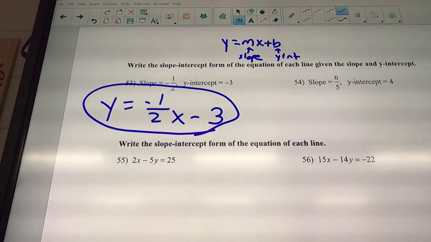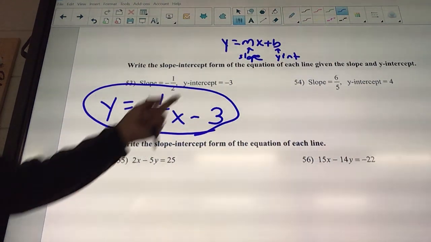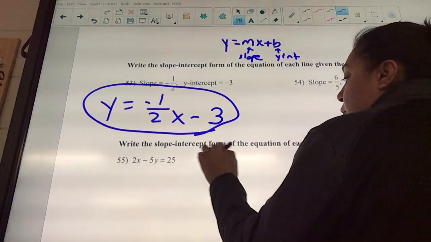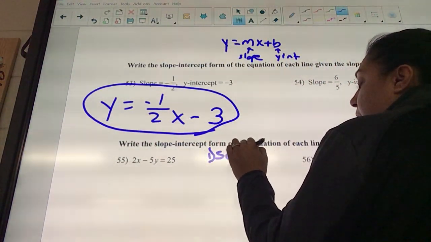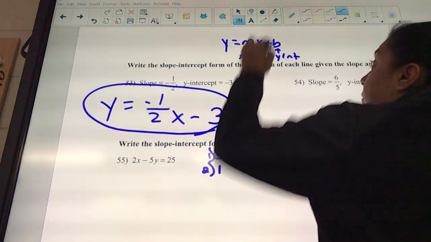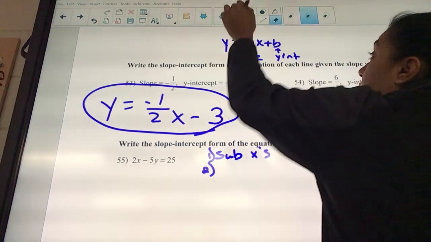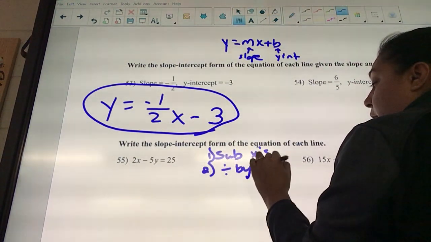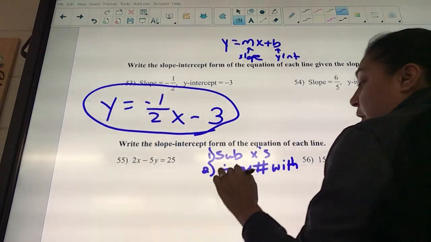Okay, for this next one, we're trying to get it in that slope-intercept form. Your steps are always going to be the same: subtract the x's and then divide by the number with the y.